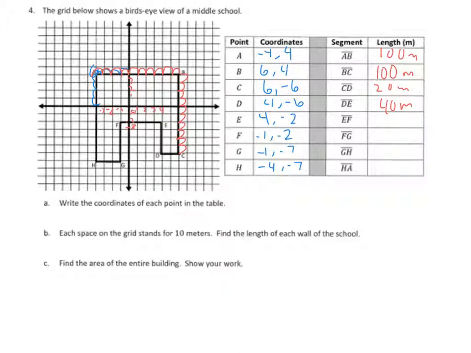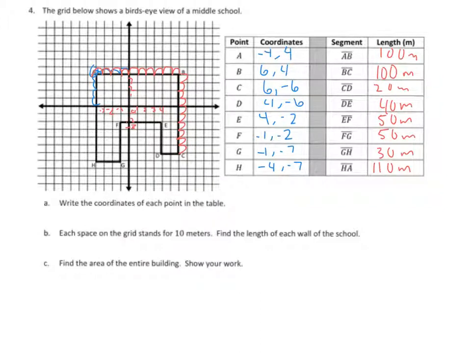EF covers 50 meters. FG covers 50 meters. GH covers 30 meters. And HA covers 110 meters.